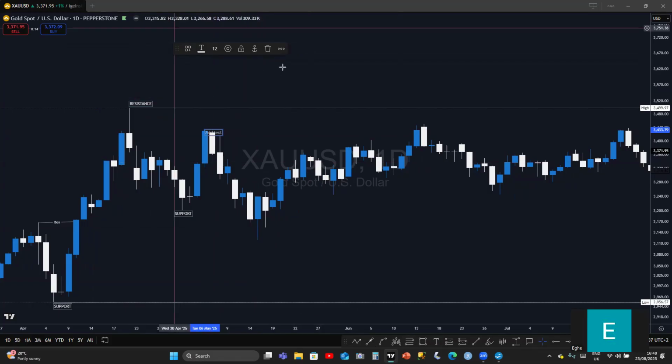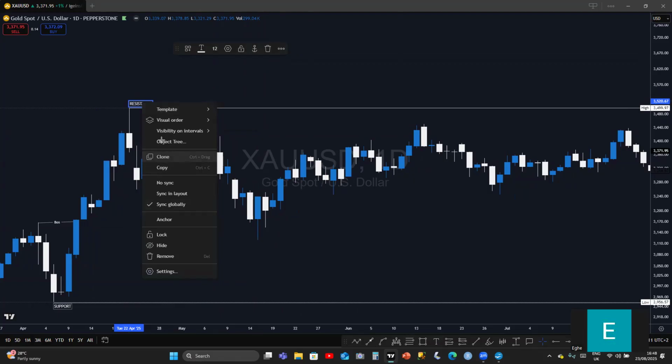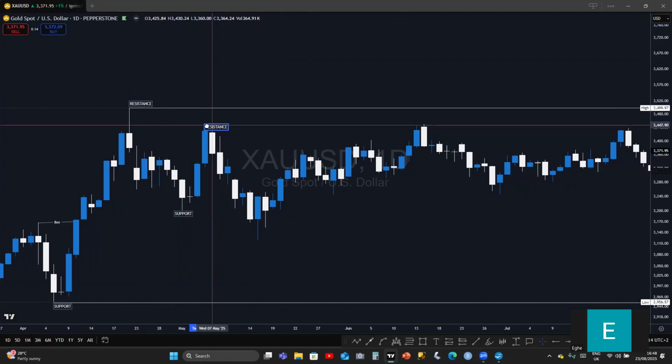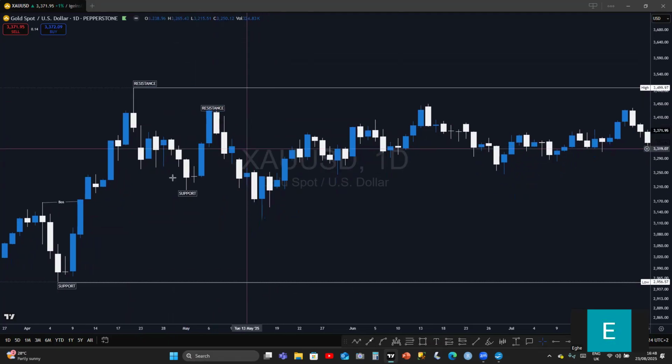It created another resistance, but this time around it created a lower high. You see, this is the resistance. It now created a lower high. All right, this is a higher high.